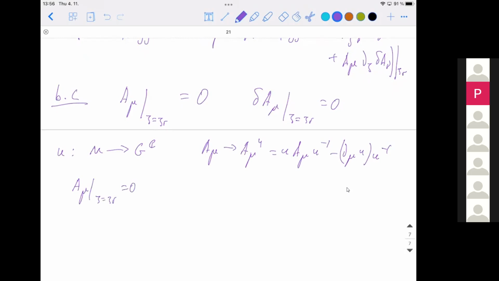So that means from the transformation, its boundary should be this. And this. So that means that u, at the boundary, is independent of t and x.